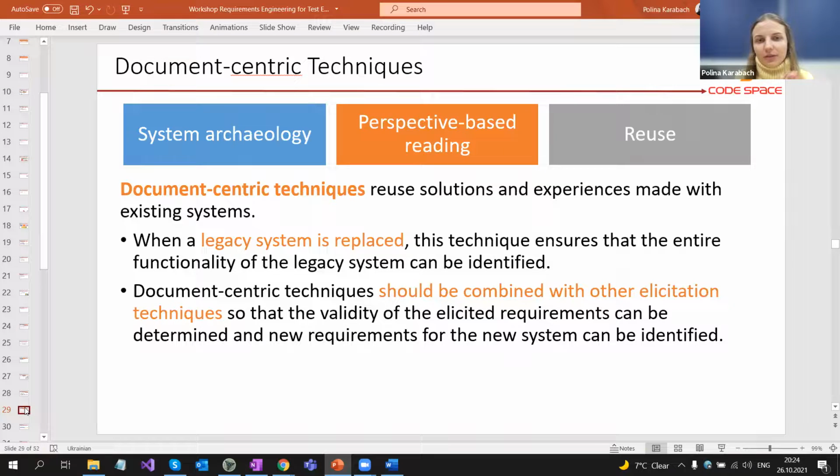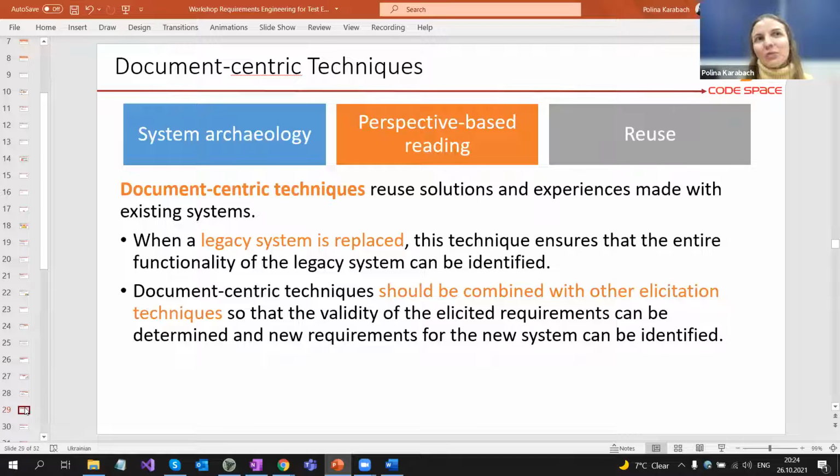Three different techniques for this set of elicitation are system archaeology, perspective-based reading, and reuse. System archaeology means that we would even dive into the code, with or without the help of developers.